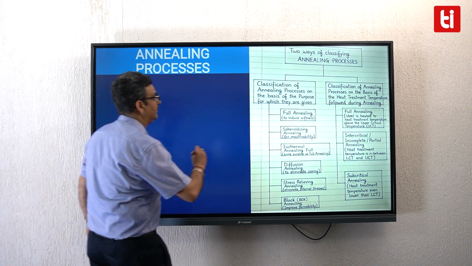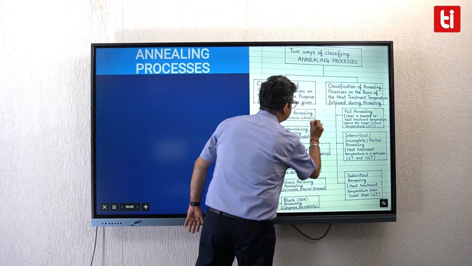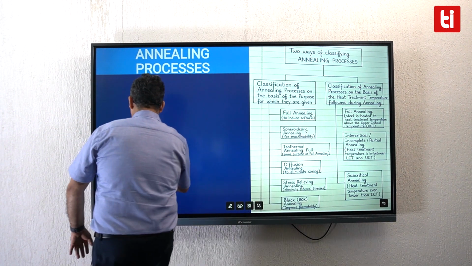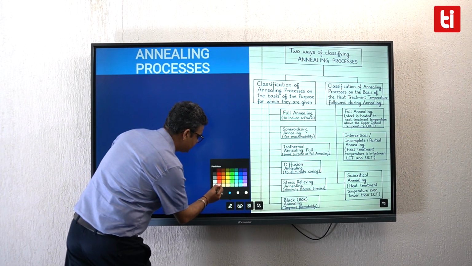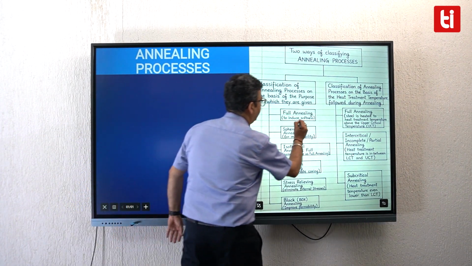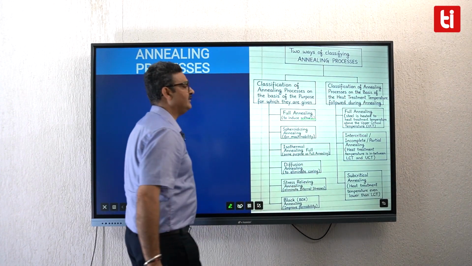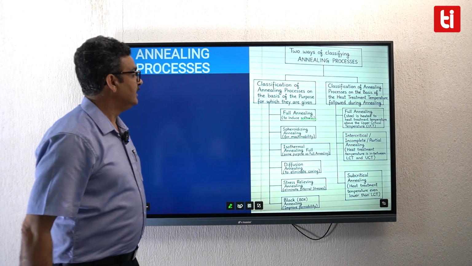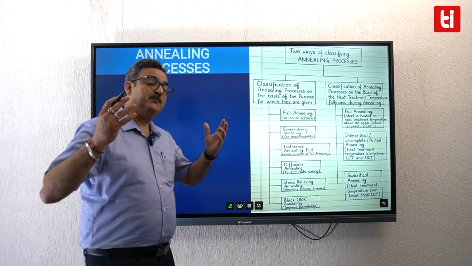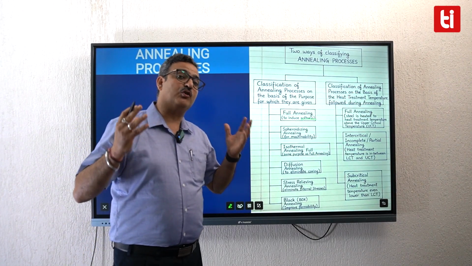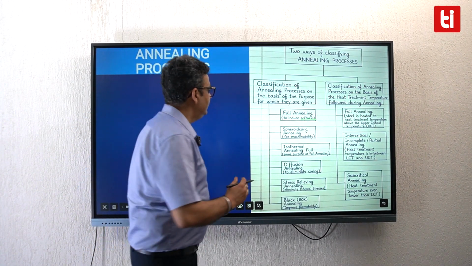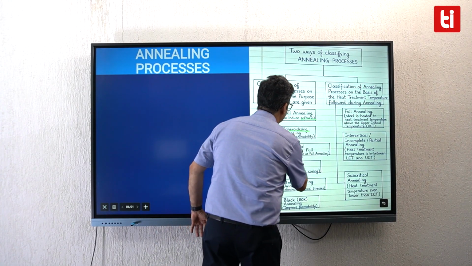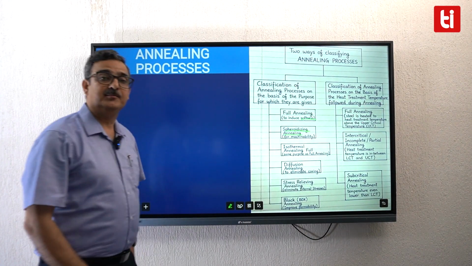So full annealing, if you wish to make your steel very, very soft, very, very ductile, then what do you give it? You give it full annealing treatment. But then if the main objective is to make your steel components highly machinable, very good machinability, then you give them a treatment which is called spheroidization annealing.